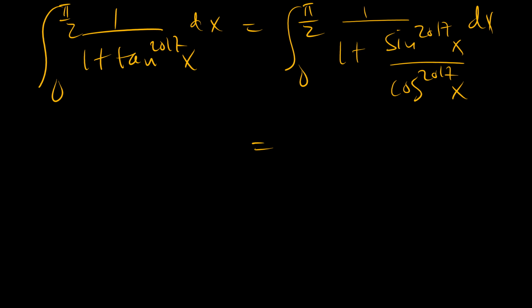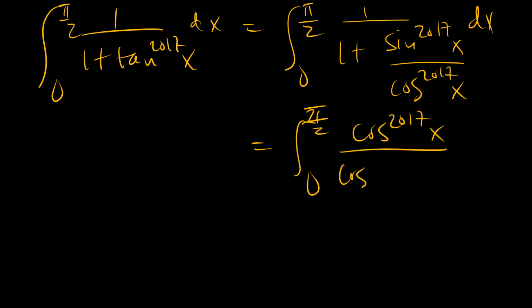And if you multiply both the numerator and denominator by cosine to the power 2017, we get cosine to the power 2017 x in the numerator, and cosine to the power 2017 plus sine to the power 2017 x in the denominator.